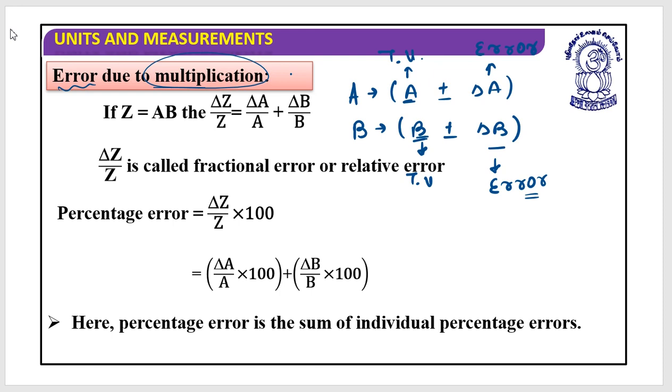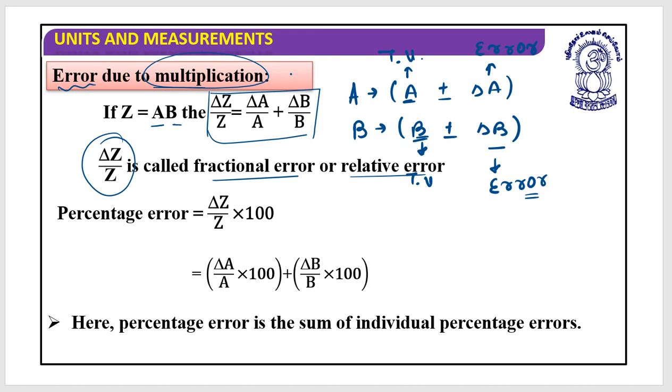So let's say we need to perform Z is equal to A into B, that is, multiplication, A multiplied by B. Then its error can be calculated as delta Z by Z is equal to delta A by A plus delta B by B. Here delta Z by Z is called the fractional error or relative error.